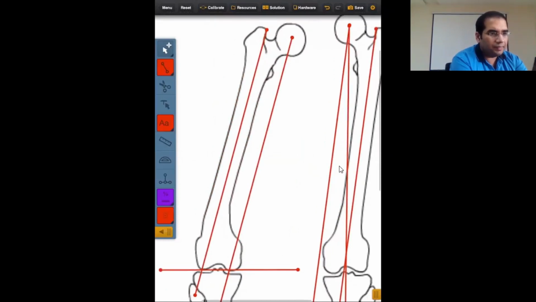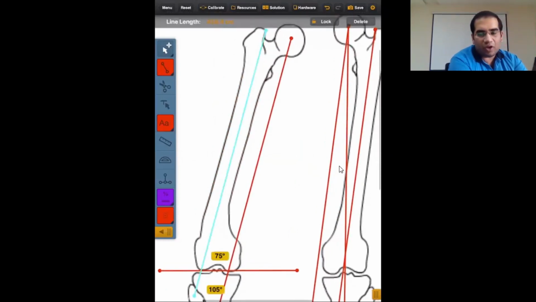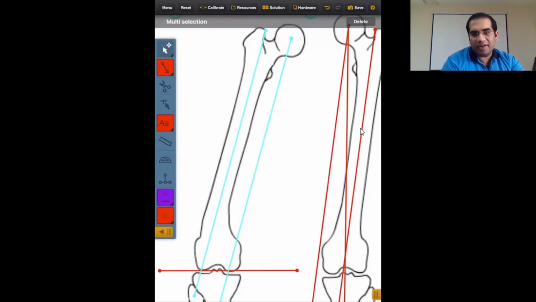keeping this in mind, now I have taken the anatomical axis. I drew a line parallel to the anatomical axis, centered over the center of the femoral head. And from here, I'm going to draw a line at 7 degrees. As we all know, the mechanical axis line is 7 degrees to the anatomical axis line.